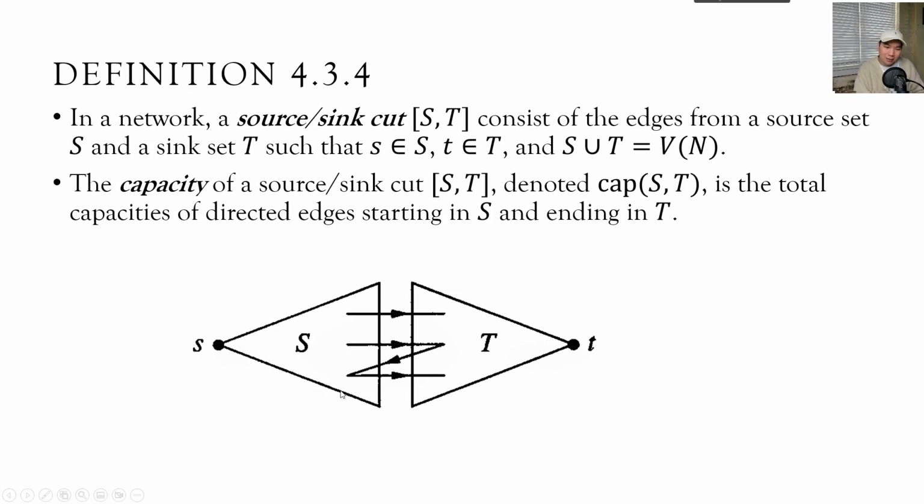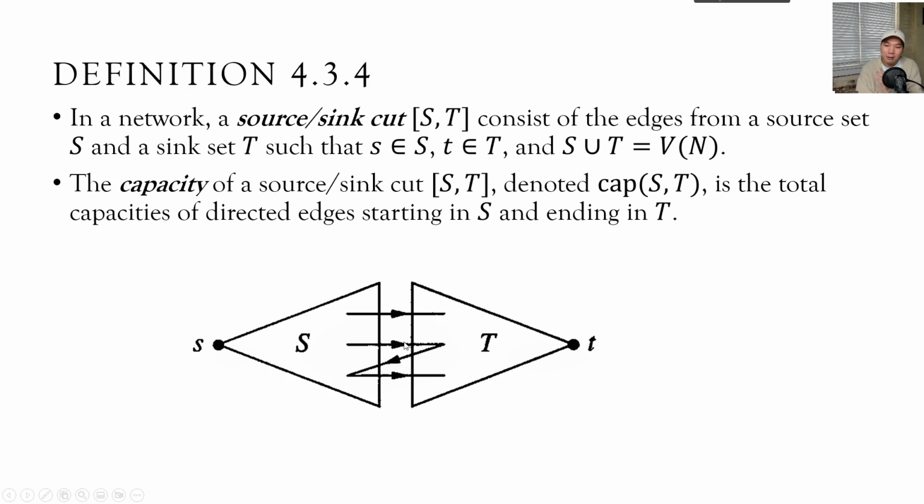So I have this picture here. Here I have S, I have T, and then I have my source set S, and then my sink set T. So these edges here form my source sink cut. In other words, if I were to delete these, then I would result in a disconnected graph in particular. So if I want to look at the capacity of this cut, first off, I only care about the capacities of the edges that start in S and end in T. So in other words, this edge would be included, its capacity.